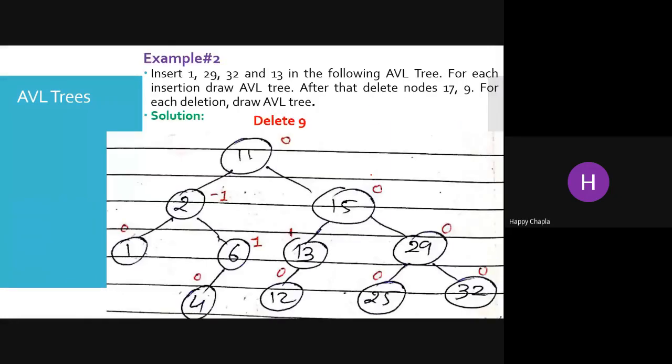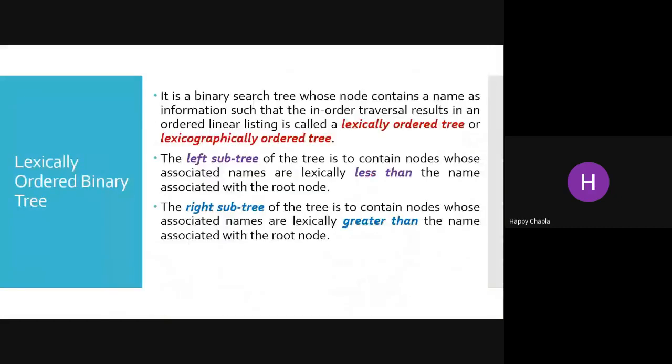Okay, so now it is a binary search tree whose nodes contain a name as information, such that the in-order traversal results in an ordered linear listing. It is called a lexically ordered tree or lexicographically ordered tree.